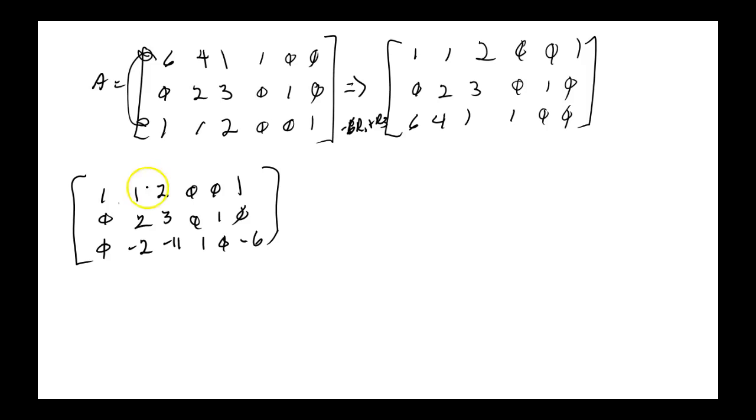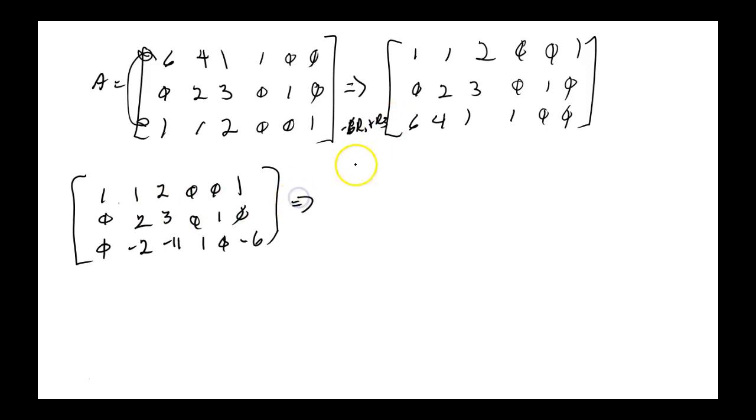All right. What we want to happen next is, ooh, man, what a mess. I think it'll be easier just to, okay. Again, first thing I'm going to do is add row 2 and row 3 to give you a new row 3, and then I'll come back and divide row 2 by 2. Okay, so let's first add.